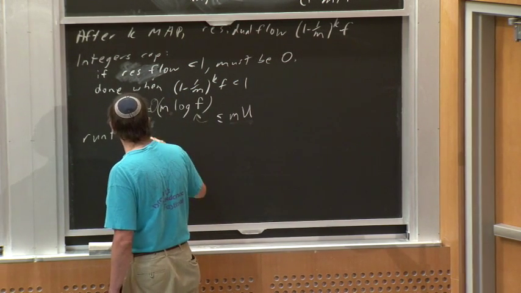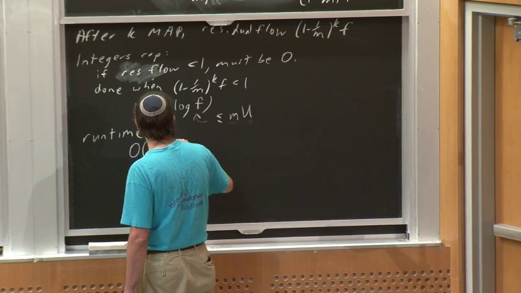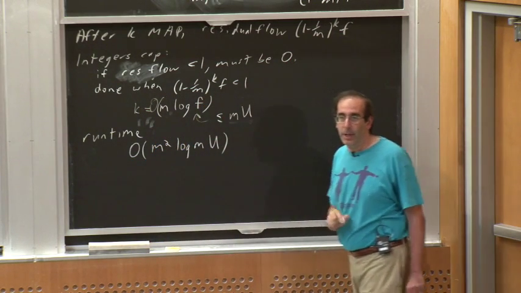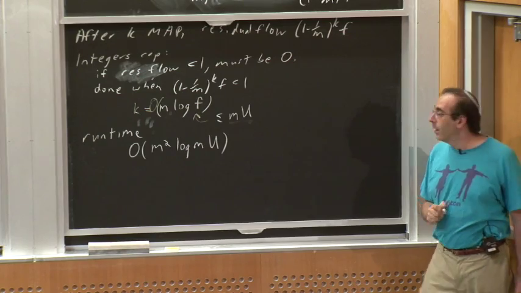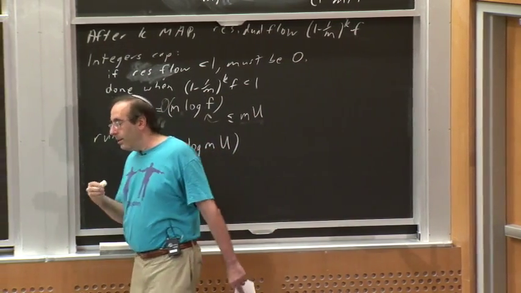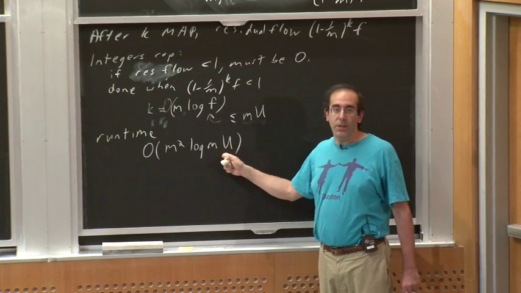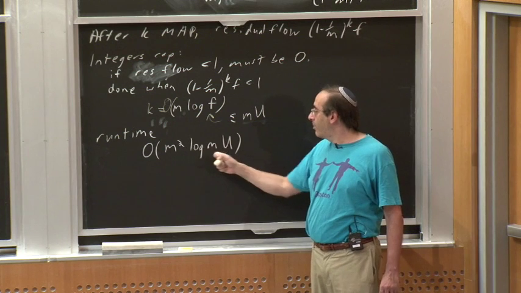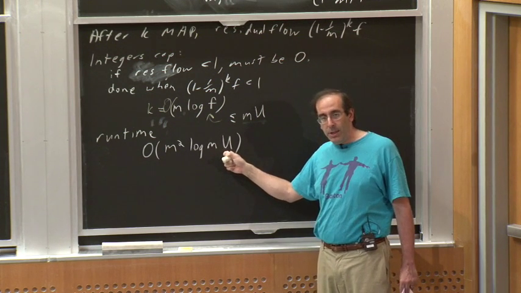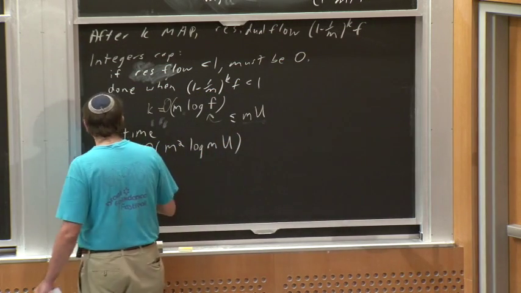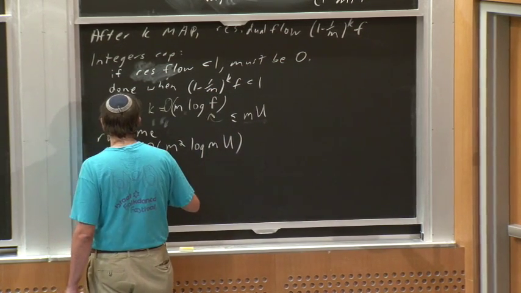So we can say that our runtime is order m squared log of m times u. Now what's great about that is that we're now talking about the log of the largest capacity. And that is precisely the number of bits that you need to write down the capacity. So now we do have an algorithm which is polynomial in the input size.